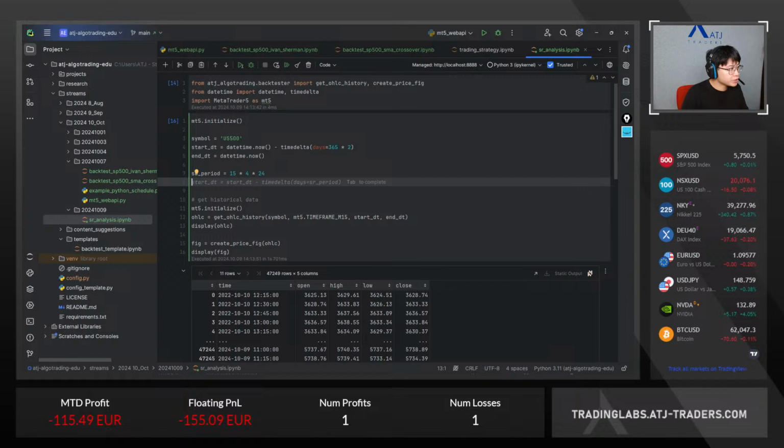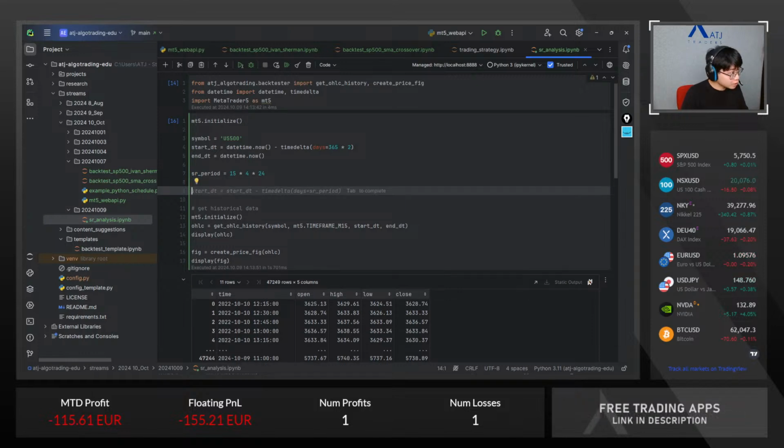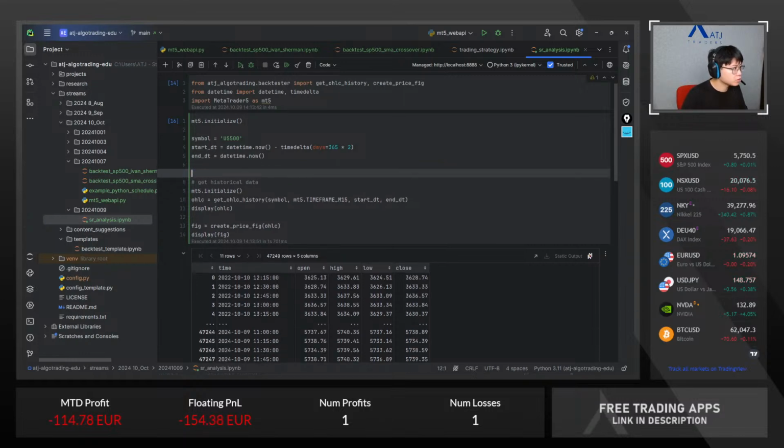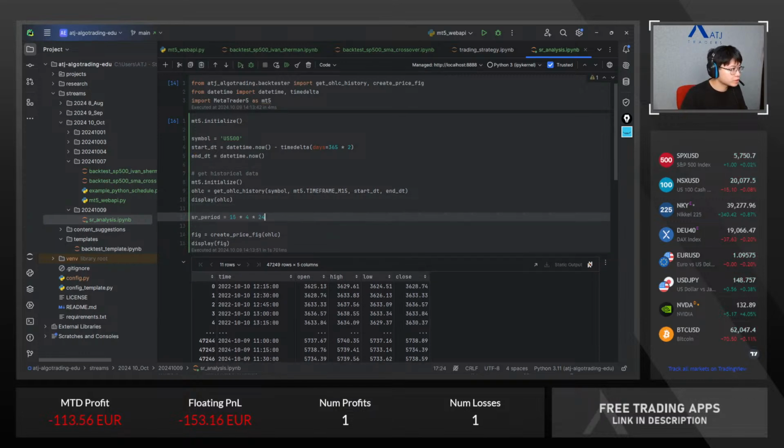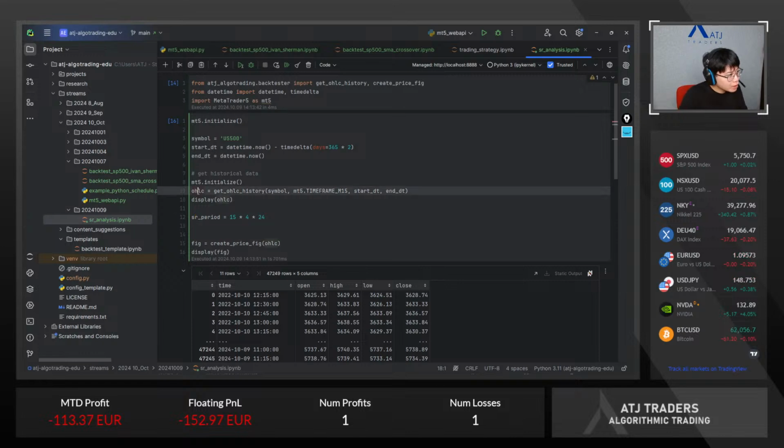Okay, so this is the SR period, and when we want to compute the high, actually let me go a bit lower. So here we have the price data, and let's compute the things here. Here's the SR period, and here we have the OHLC.